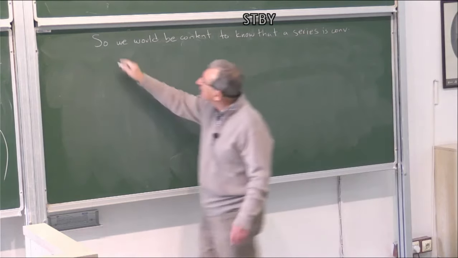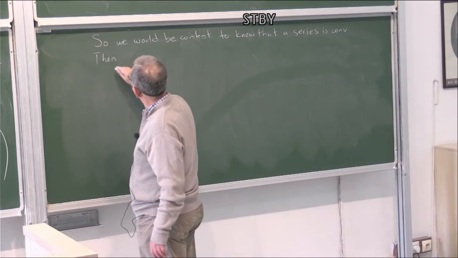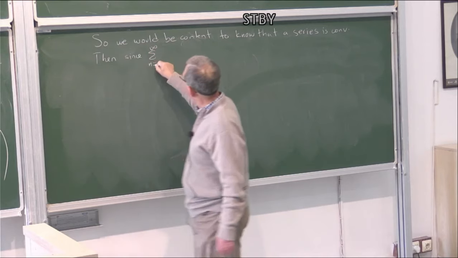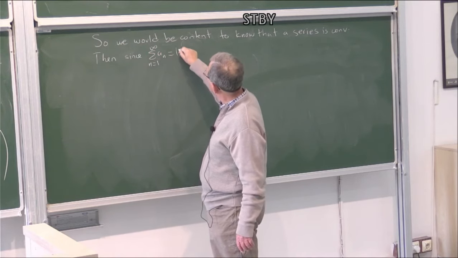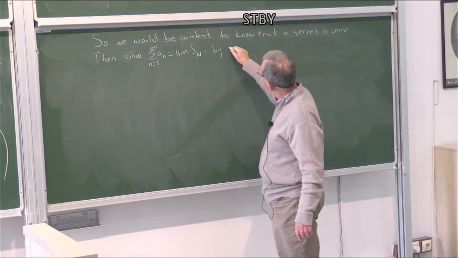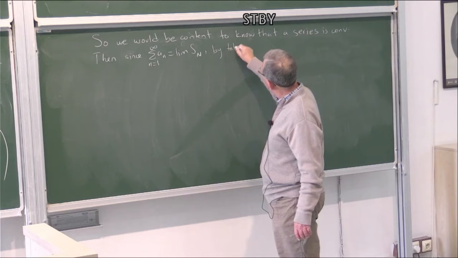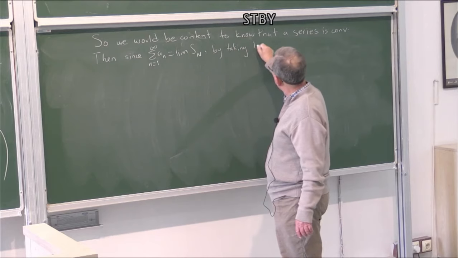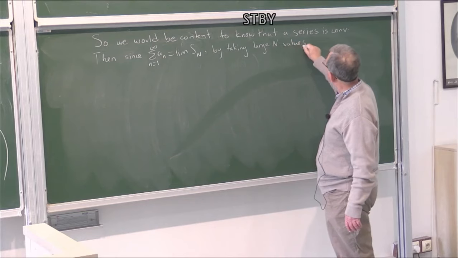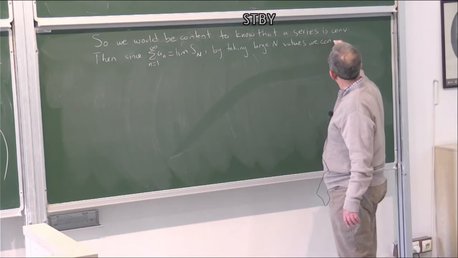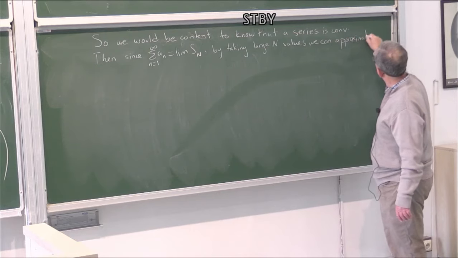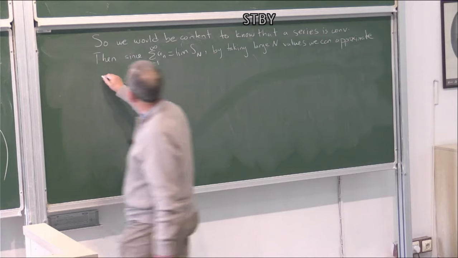Then, since the infinite sum is the limit as n goes to infinity, by taking large n values, we can approximate the exact value.